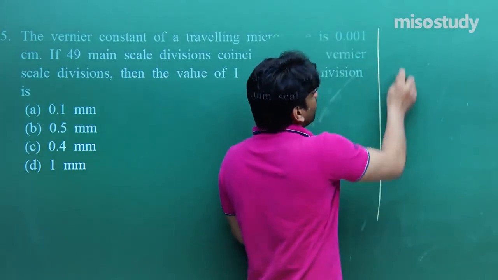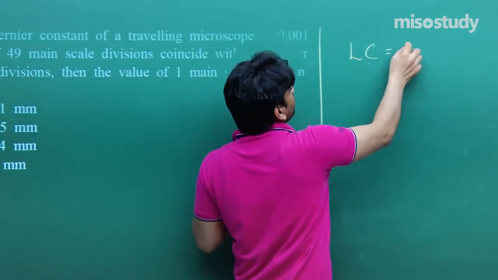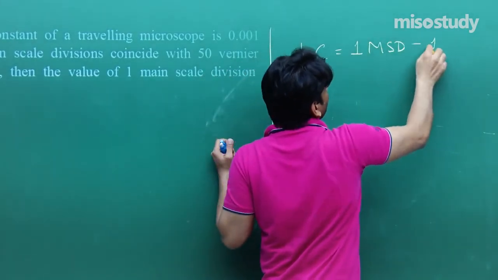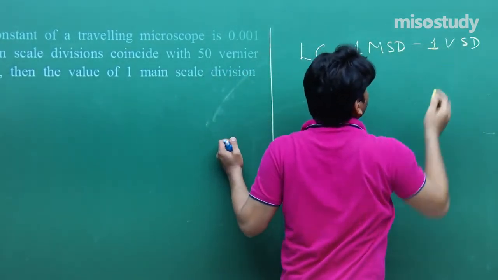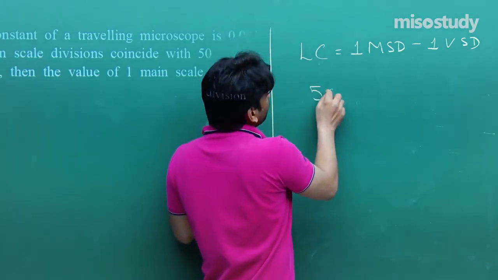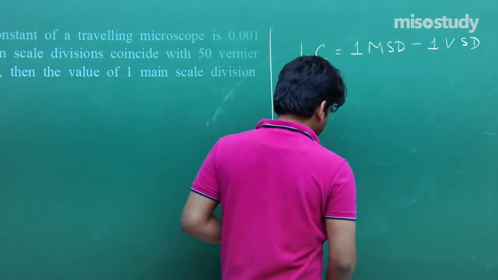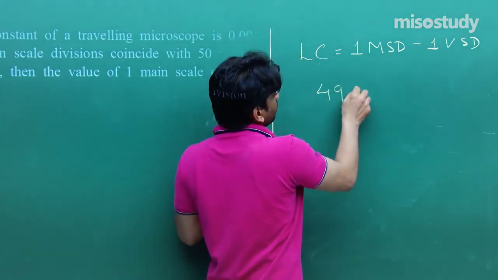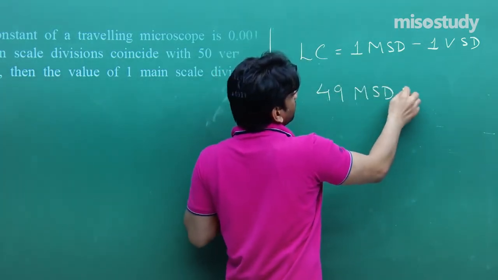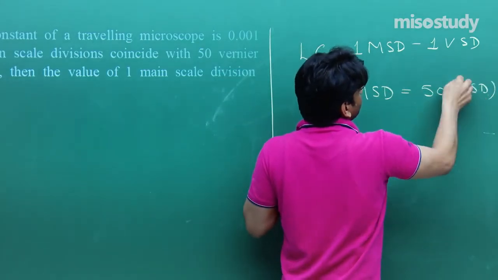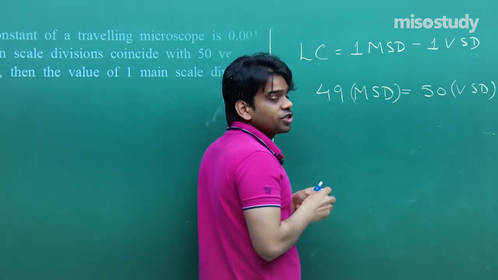Again, using the concept that least count is equal to 1 main scale division minus 1 Vernier scale division. This is what I have taught you all. Now see here, 49 main scale divisions is equal to 50 Vernier scale divisions as per the given information in the question.